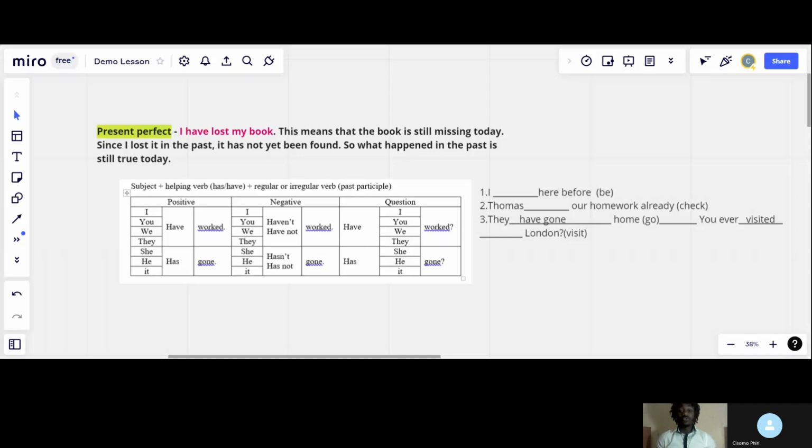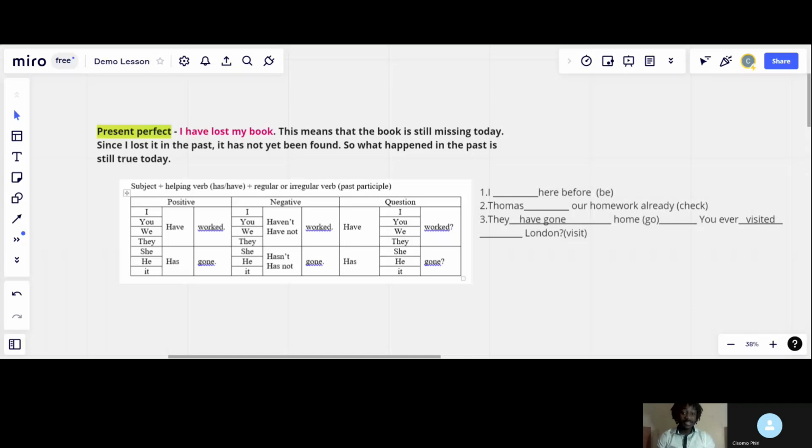How do you use it to construct a question? So you start with the helping verb have, then the subject I, you, we, or they. That is if you're using have. So remember, have is for I, you, we, they. We use have.